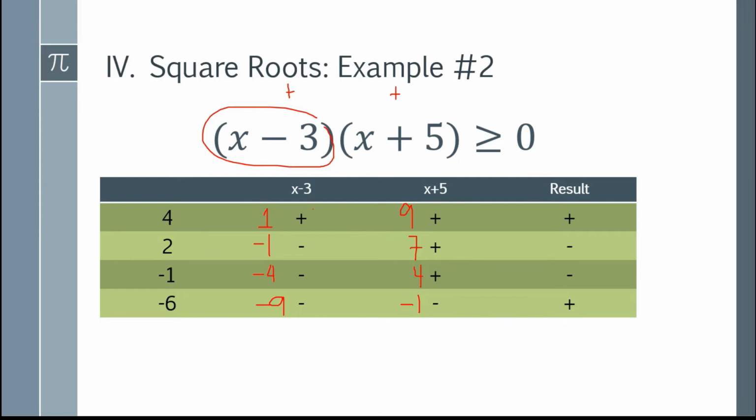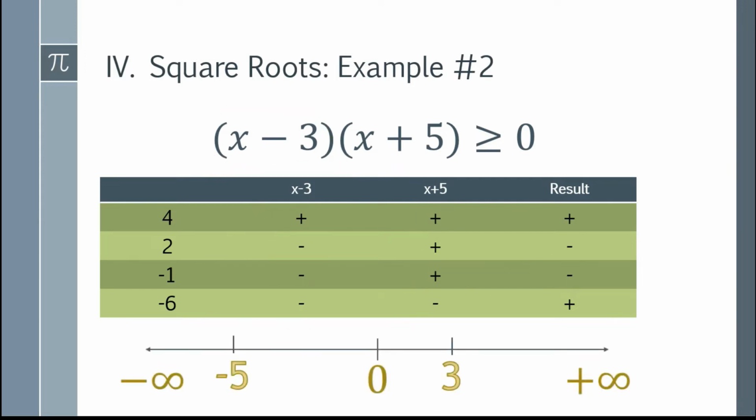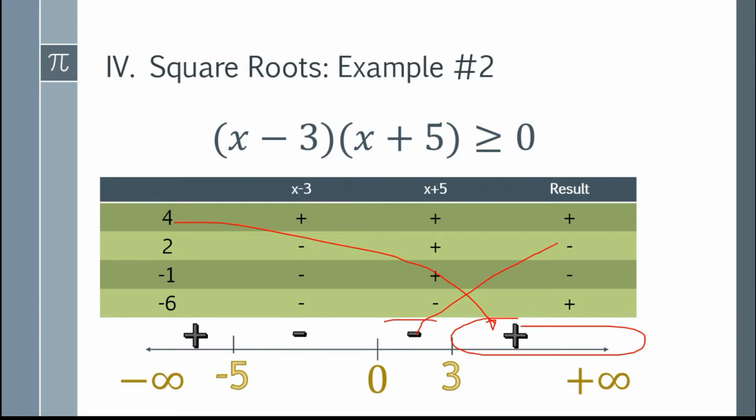So, para mas clear siya, kailangan mong gumamit ng number line. Okay. Sa may 4, so yung 4 ay mas mataas sa 3, so dito yon. So, positive siya. Okay, positive tong parte na to. Next naman, itong 2, so dito siya sa may 0 to 3, negative to.